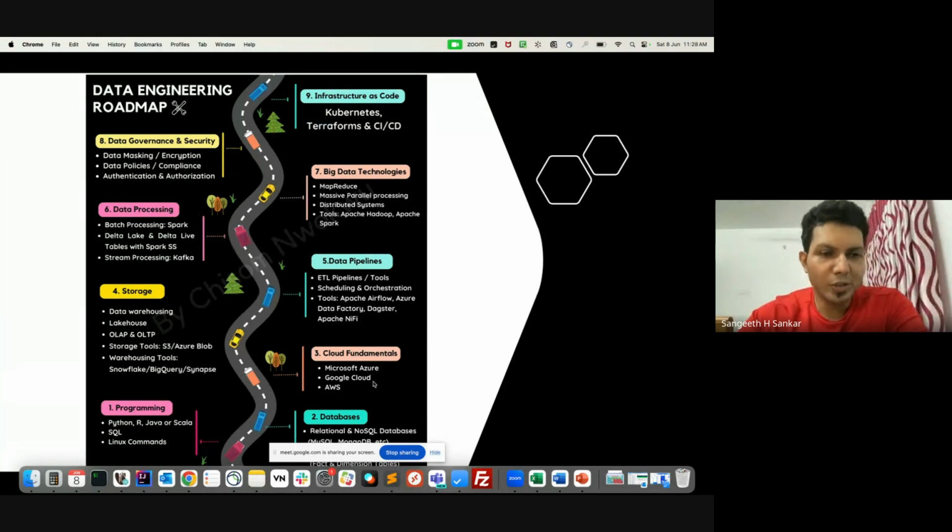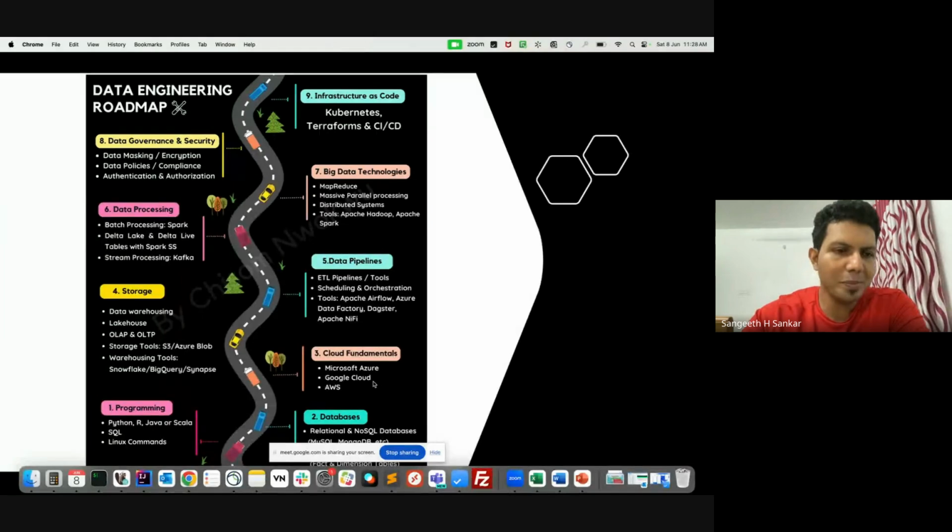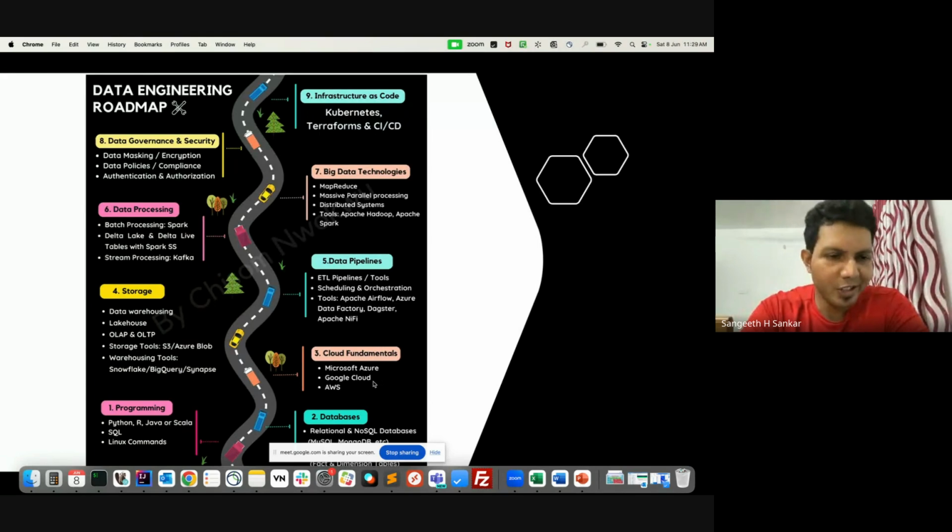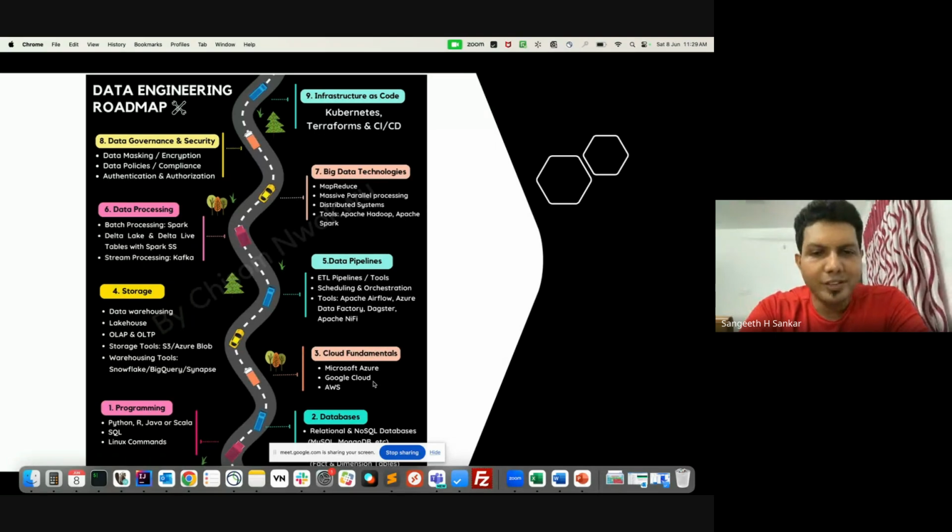Next is on the storage, right? The different storage solutions, whether you are putting that into some, say, RDBMS solutions or lakehouse or data warehouse, right? Or based on your requirement, whether you really want to have some analytics processing or transactional processing, OLAP, OLTP, right? All of that. Then next is about the skill set to build data pipelines.